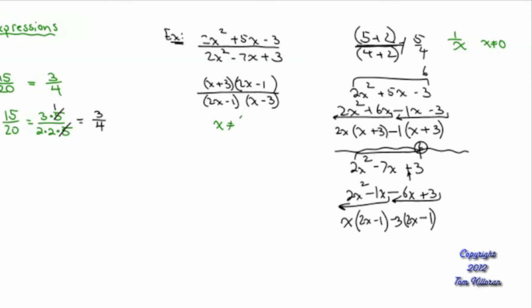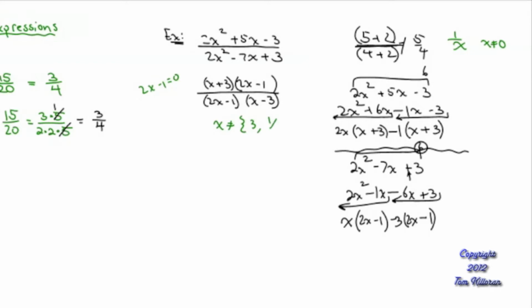So I have to kick it out. X cannot equal 3. Now, over here, I have 2x minus 1. When does that equal 0? When x is equal to 1/2. You add 1 and divide by 2, if you want to think of it that way. You're really setting it equal to 0, and to solve that equation, you would add 1 and divide by 2.